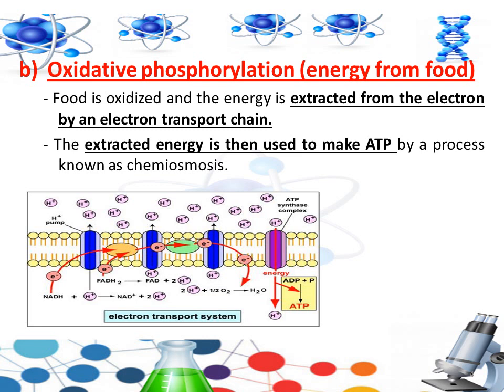So oxidative phosphorylation means that the food is oxidized and the energy, the ATP, will be extracted from the electrons by an electron transport chain. So this extracted energy is used to make ATP by the chemiosmosis process, which goes against the concentration gradient.